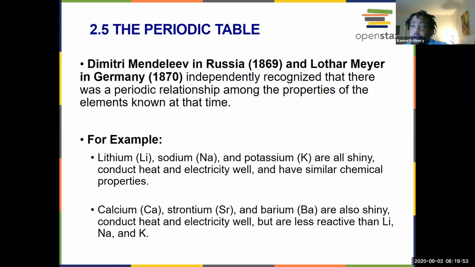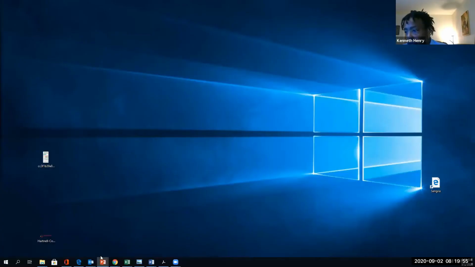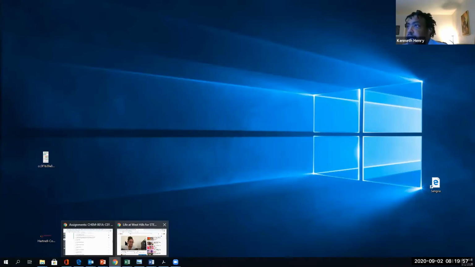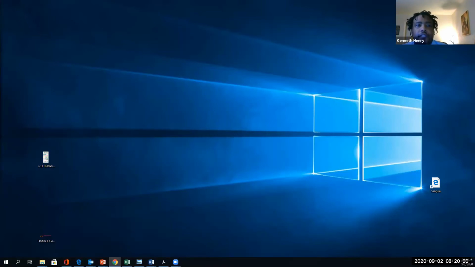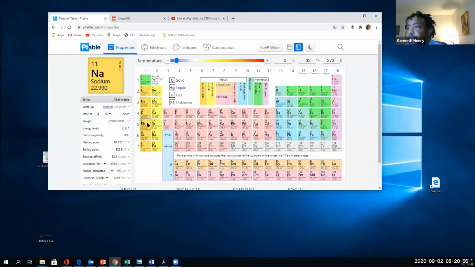And if we take a look at our periodic table, these guys are right underneath each other. So we organize these so that they fall directly underneath each other, because they have properties that are very similar to each other, okay?